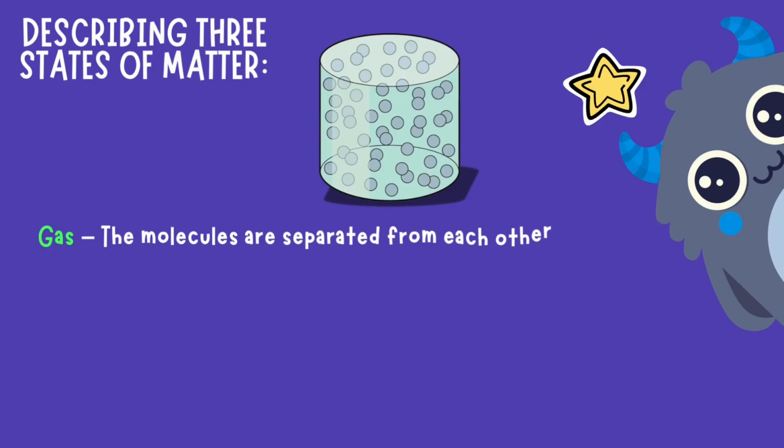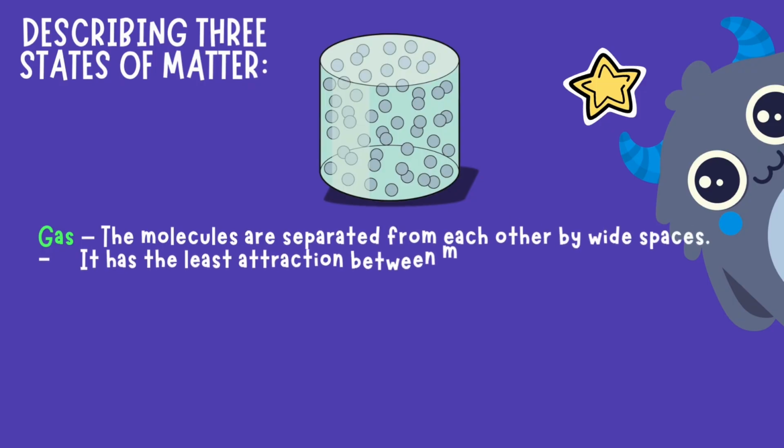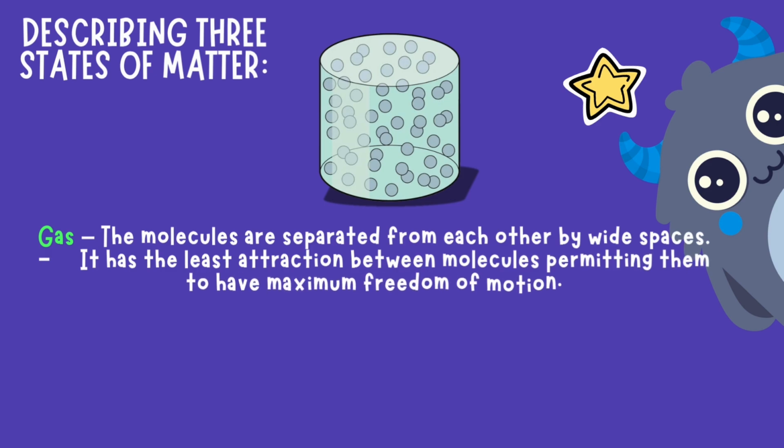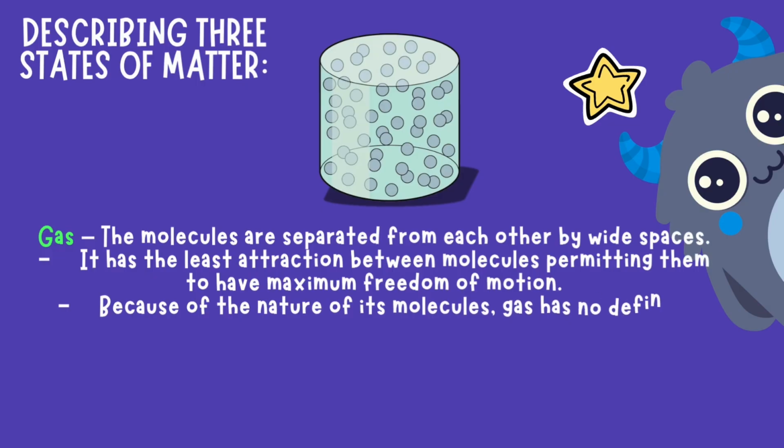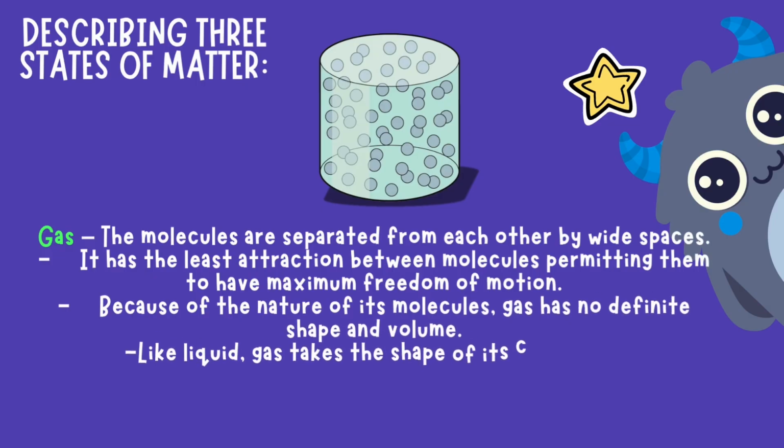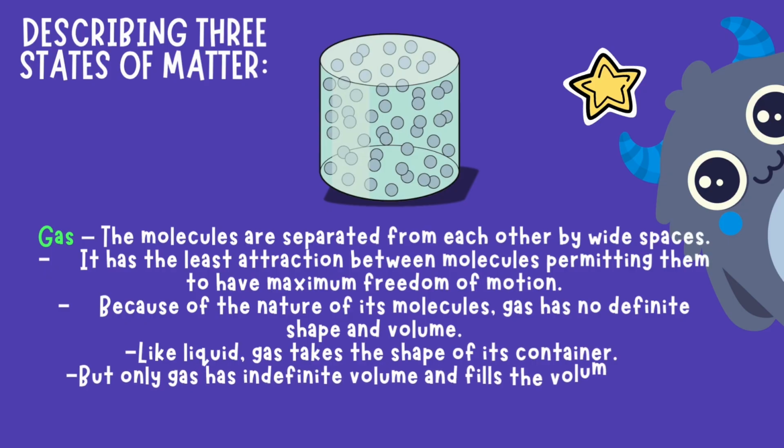The molecules are separated from each other by wide spaces. It has the least attraction between molecules, permitting them to have maximum freedom of motion. Because of the nature of its molecules, gas has no definite shape and volume. Like liquid, gas takes the shape of its container, but only gas has indefinite volume and fills the volume of its container.